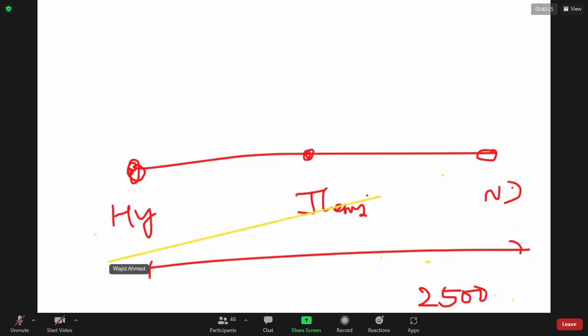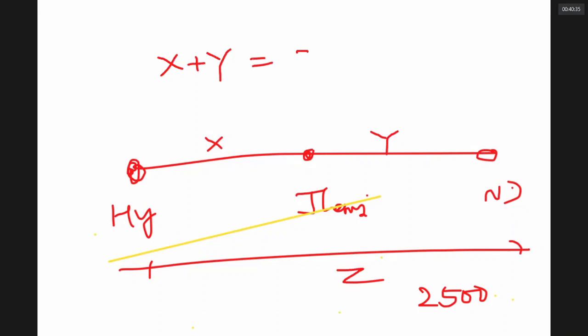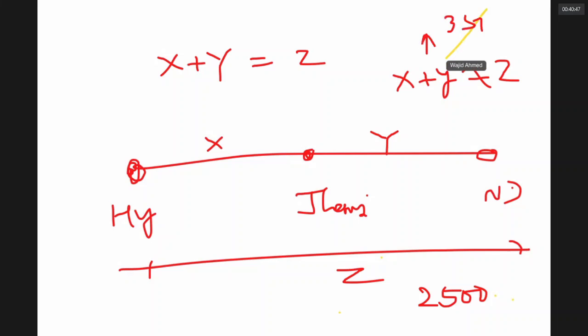Now, my question is, if I buy two tickets, one ticket and a second ticket, versus a direct ticket, do you think that x plus y is equal to z, or x plus y is not equal to z? What is the fact? Not equal to z, sir. In fact, x plus y, if you go, it will be like 3,500. Yes, sir. Costly. It is called a telescopic fare.